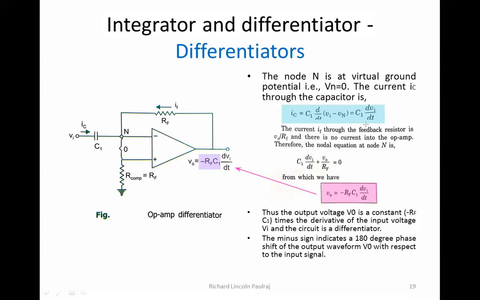And this V naught and RF we are getting just because of the gain. It's not only the C dVi by dt, but we also have to add the gain. So V naught by RF is nothing but our IF. If we add the two, we should get 0 at that nodal point. I hope this is clear now.